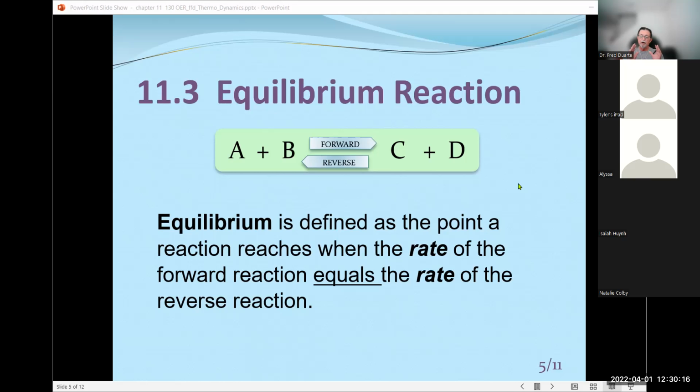If you leave that bottle alone and let it sit there, the pressure goes back down. You go back to that state of equilibrium, and now you can open the bottle, because if you open it while it's still bubbling, you can have a big mess. All right, so equilibrium is defined as the point a reaction reaches when the rate of the forward reaction equals the rate of the reverse reaction.